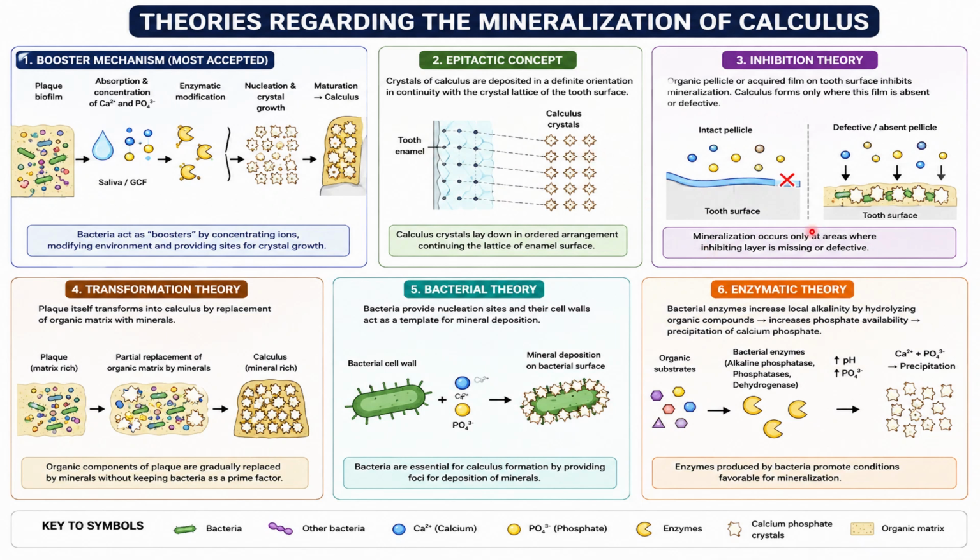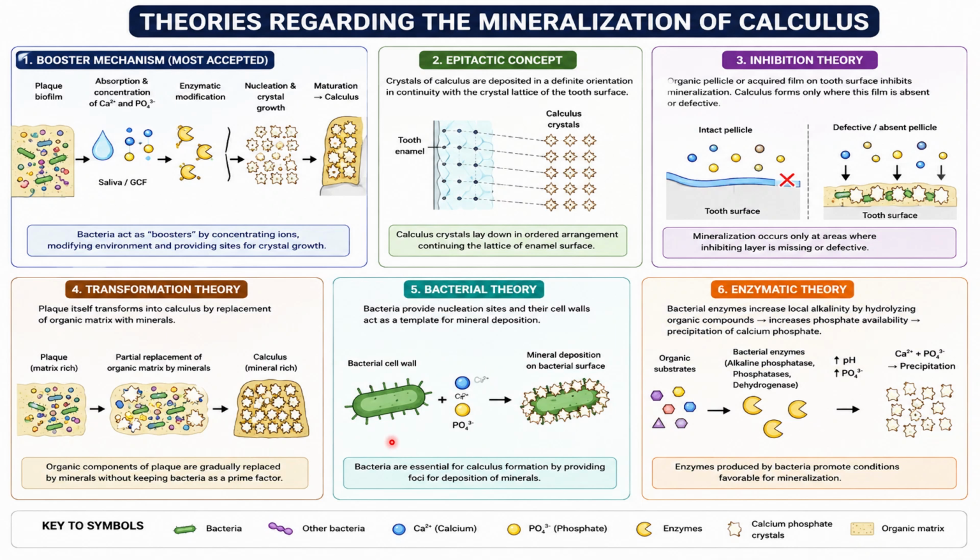Third is the inhibition theory. In this, mineralization occurs only at areas where the inhibiting layer is missing or defective. Fourth is the transformation theory. In this, organic components of the plaque are gradually replaced by minerals, without keeping bacteria as the prime factor for calculus formation. Fifth is the bacterial theory.